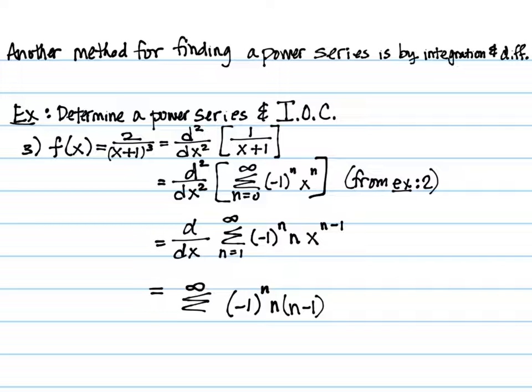Well, the constant term now is going away from n equal to 1. So now I've got n equal to 2 here. We will fix the summation part at the end. It will go back to 0 in a moment. But for now, it's at n equal to 2 to infinity. And then this is x to the n minus 2. Everybody good so far? Taking derivatives.